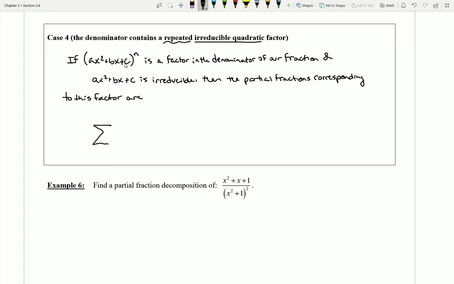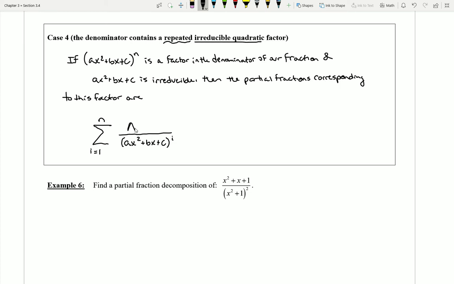If this was this quadratic to the 10th power, I would have 10 separate fractions. If it's to the nth power, I'm going to start at fraction 1 and keep adding up until I hit n fractions. The basic structure of these fractions is again going to be that ax squared plus bx plus c raised to different powers every time, starting at power 1 and increasing to power n.